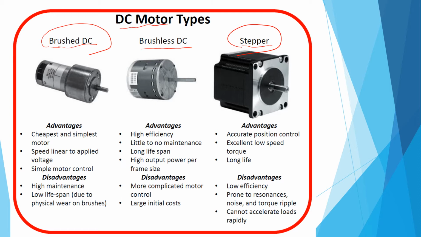The third type is the stepper motor. Advantages of stepper motors are accurate position control, excellent low speed characteristics, low speed torque and long life. Disadvantages: low efficiency, prone to resonances, noise and torque ripples, and cannot accelerate loads rapidly.